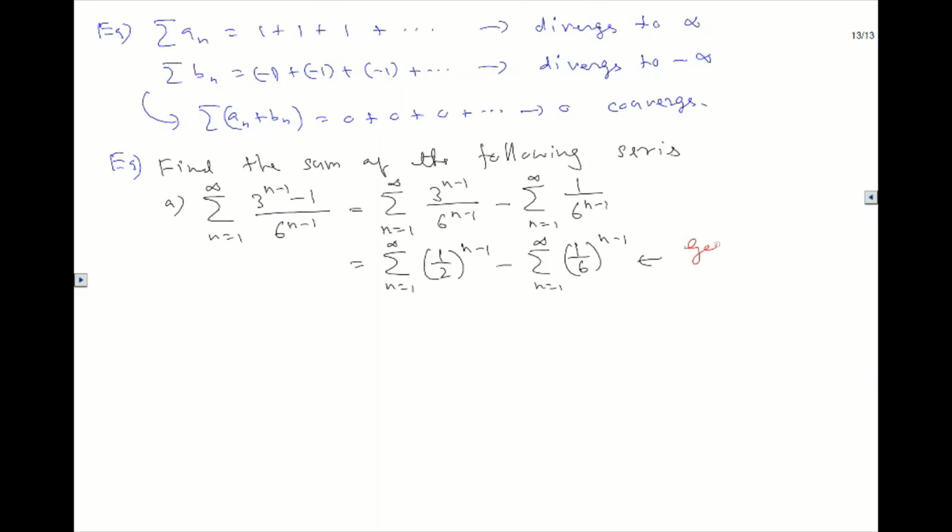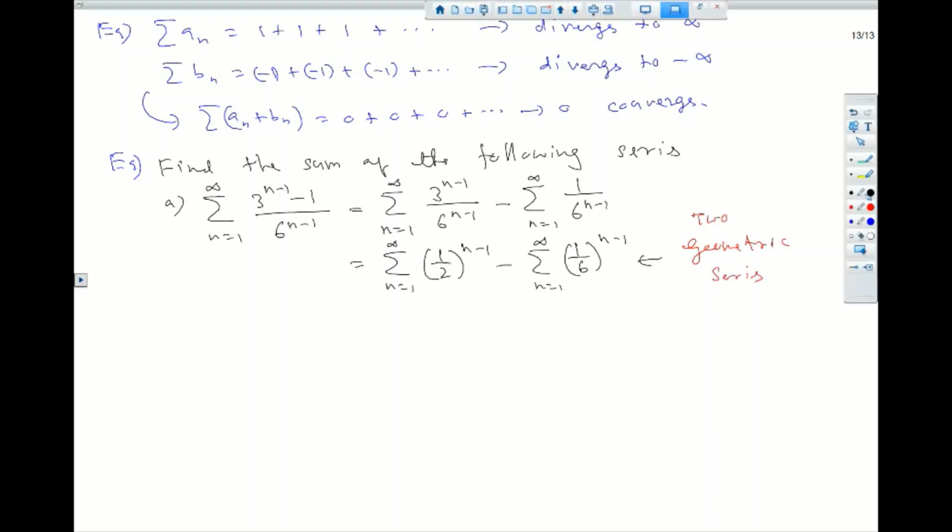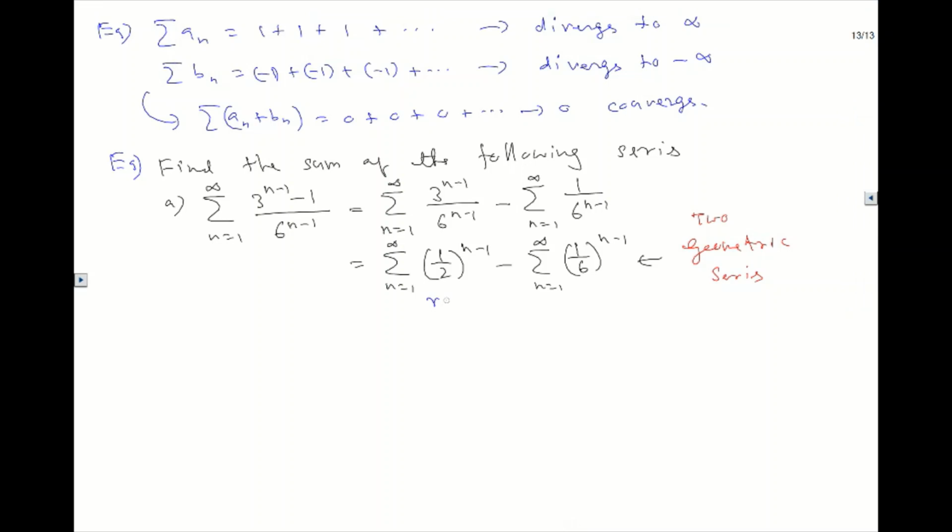So these are two geometric series. That means we can use the result from the geometric series. We know the sum formula, so we're going to use it. In this case r is 1/2, in this case r is 1/6.